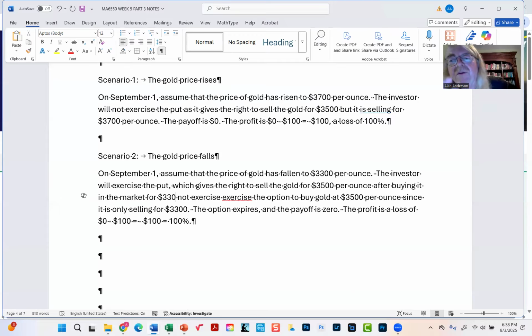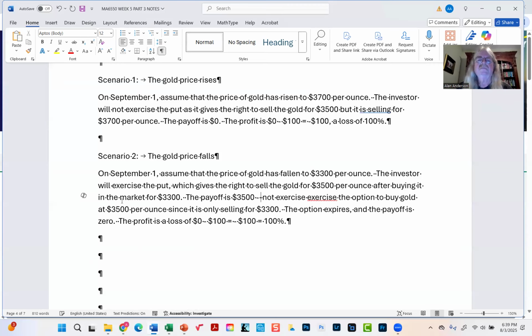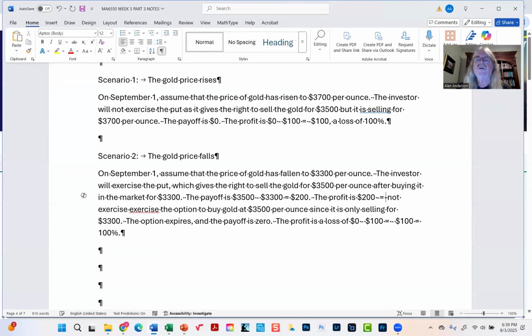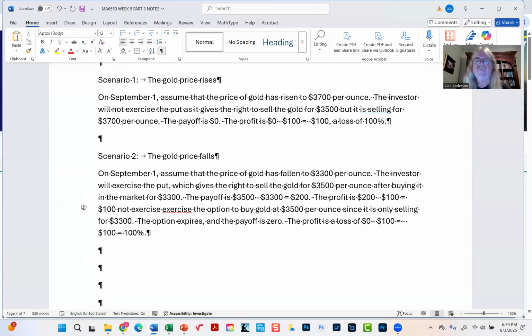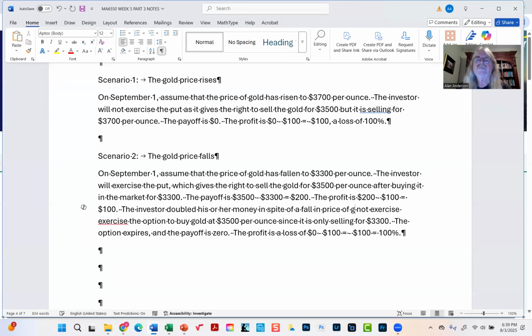So you go to the market, you buy the gold for 3,300, you use your put to sell it for 3,500, and you have a payoff of 200. The profit is 200 minus 100, which means, again, you doubled your money. The investor doubled his or her money in spite of a fall in the price of gold.